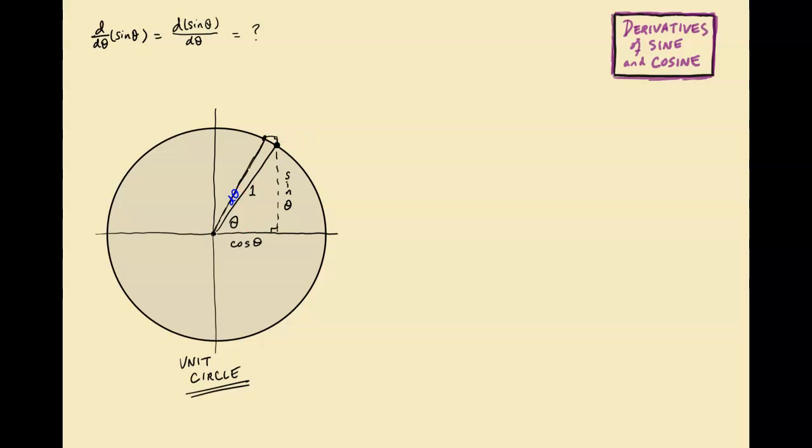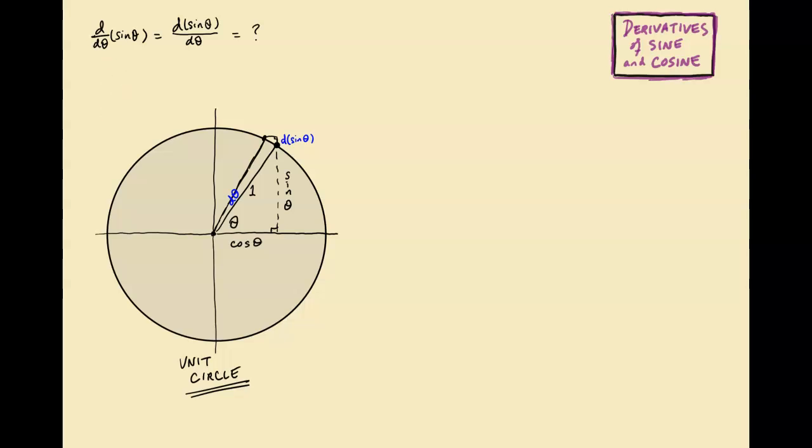So that leg of the triangle is d of sine theta. That is the infinitesimal change in sine theta that was produced by changing the input from theta to theta plus d theta. Good. And notice that these two new pieces that I've put in blue are exactly the pieces in my ratio that I'm looking for. If I could find some way to bring them together, then I'd be in business, and I might actually be able to learn something about their ratio, thereby determining the derivative of the sine function.